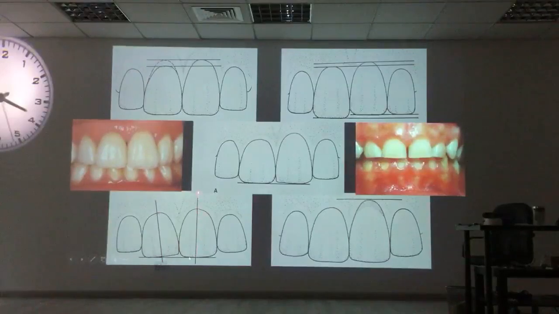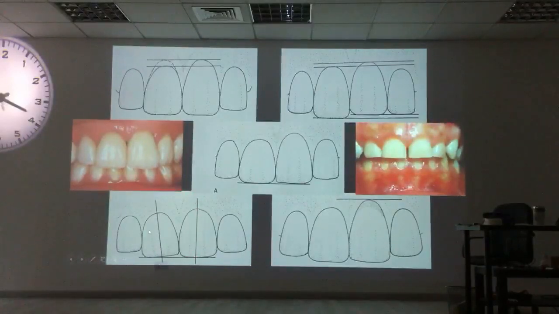So this will be straight, this will remain tilted. Yeah, I will follow this one. So it will move also. No, no, no. For example, if this tooth is extracted, I will put it in the same position as this one. If this one is extracted, maybe the lateral also has some tilt, so I will do it also tilted. So I will follow the position of what I had from before.